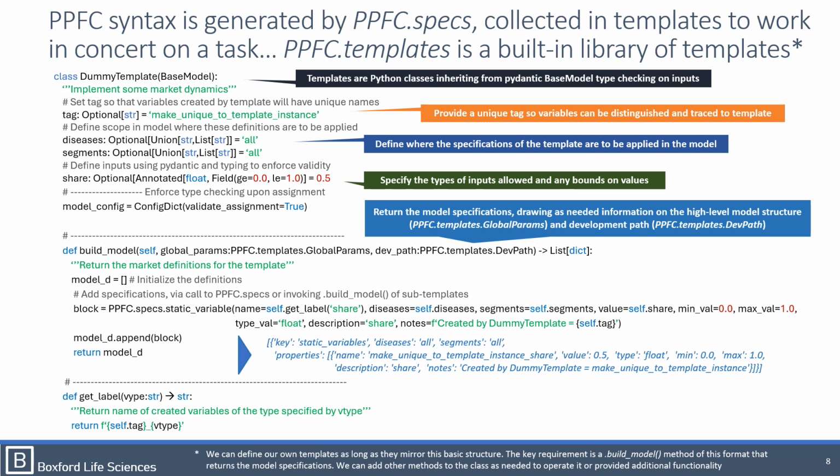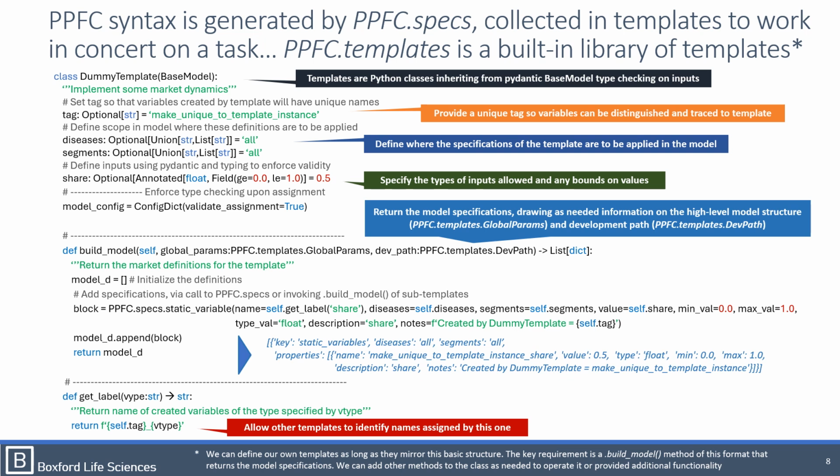Since both those pieces of information are often required by templates in order to do their job, we always pass them so that they're available. What this build model does is return a set of specifications, in this case for a definition of a single static variable that's going to be the name of a share.